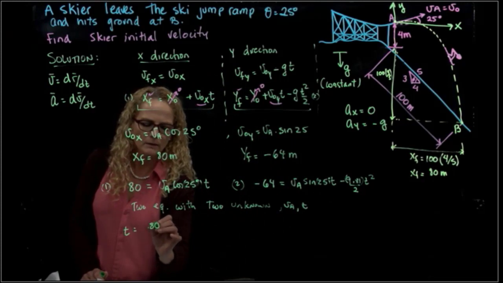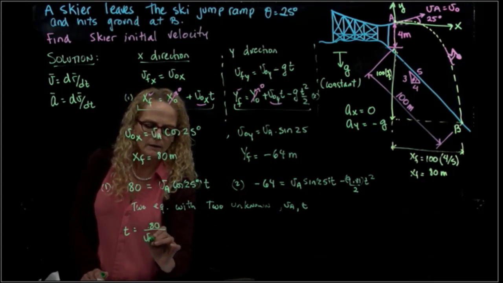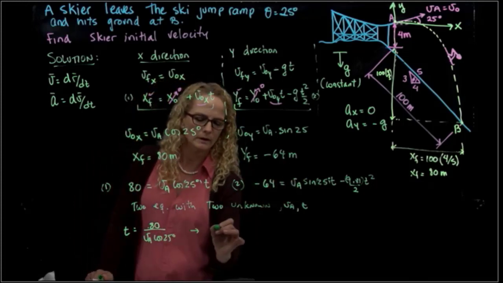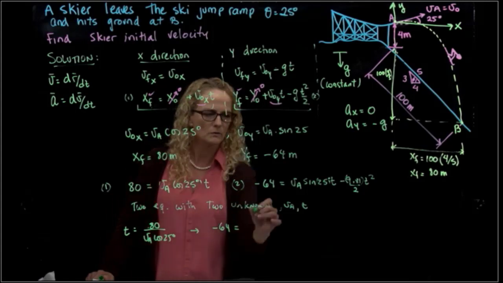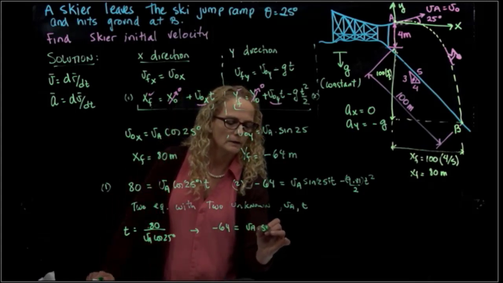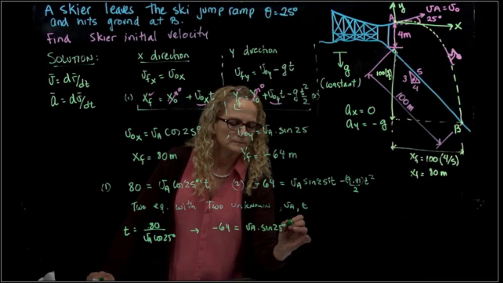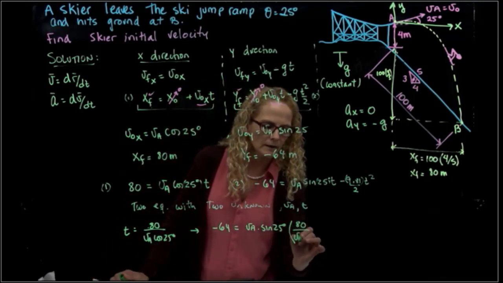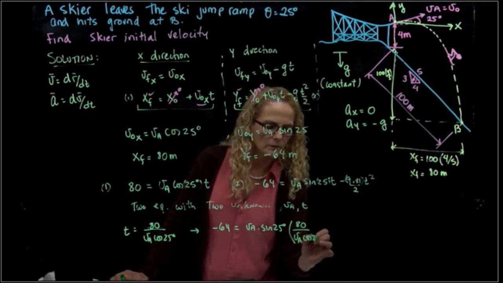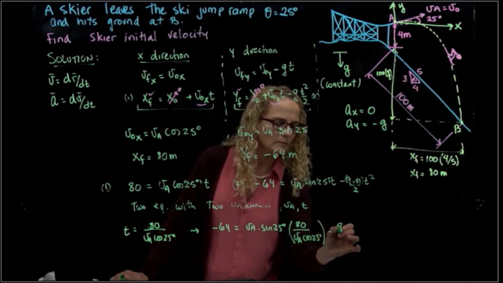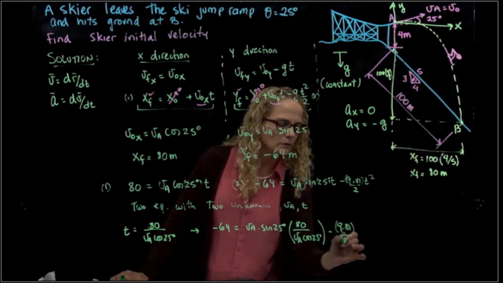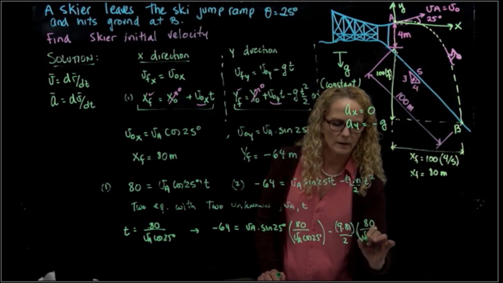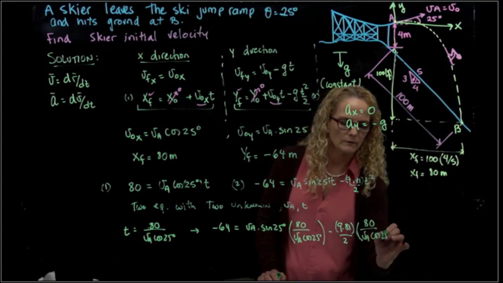T will be 80 over VA cosine of 25, and then I will plug it into here, and that is 64 equals VA sine of 25 times 80 over VA cosine of 25 minus 9.81 over 2, times time, which will be 80 over VA cosine of 25.